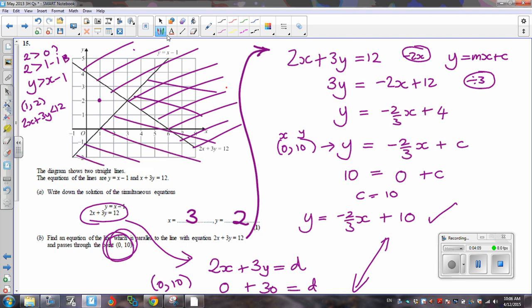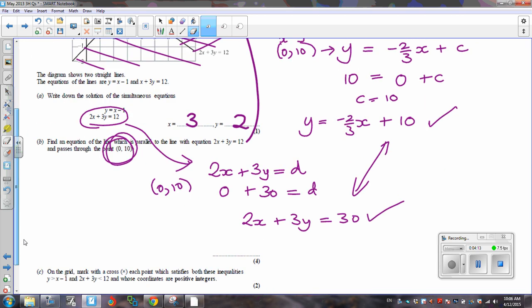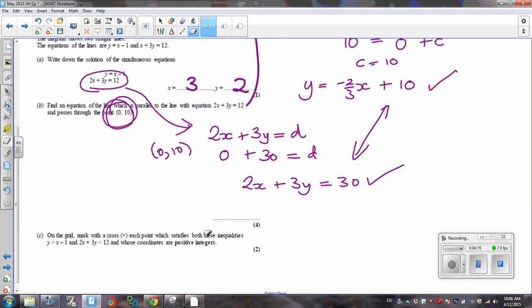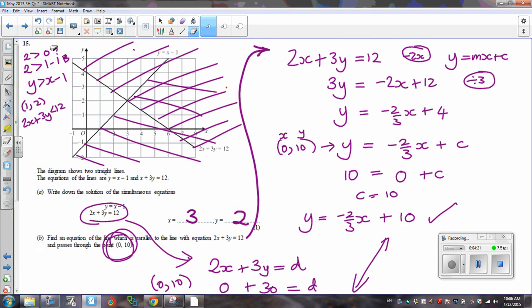Now let's just rub that out a second. The question says, if I read it carefully, mark with a cross each point which satisfies both inequalities, and the coordinates must be positive integers. Now that doesn't include 0. So if we just get a pen and draw little crosses, anywhere in this region, obviously that doesn't include the y-axis, because that would include a coordinate which is 0.